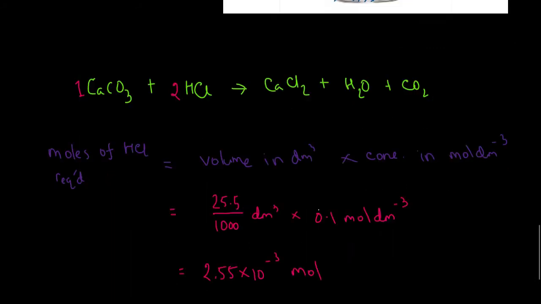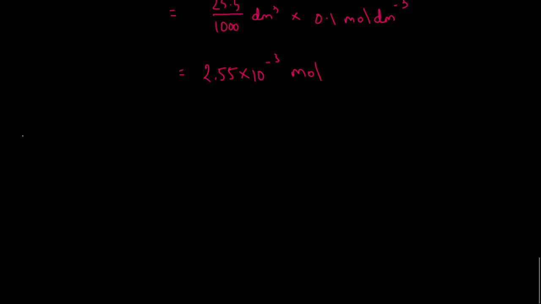So what I'm going to do now is I'm going to figure out the moles of calcium carbonate that reacted. So this is going to be half times this. So this is that.